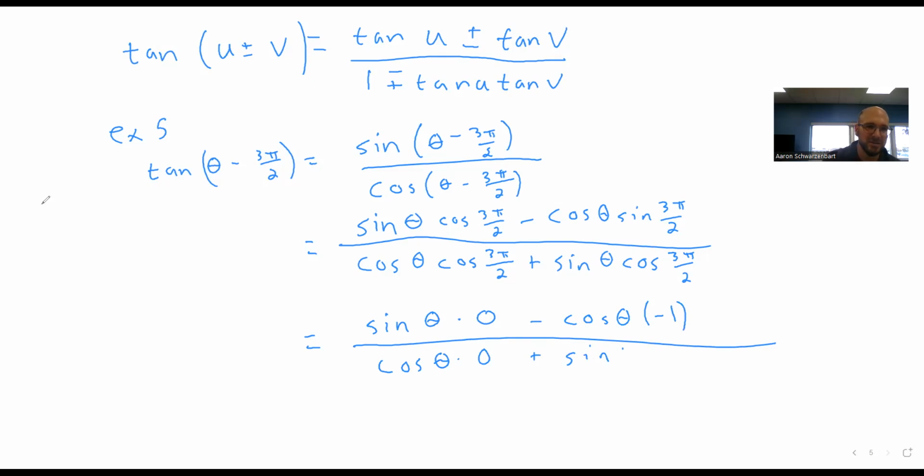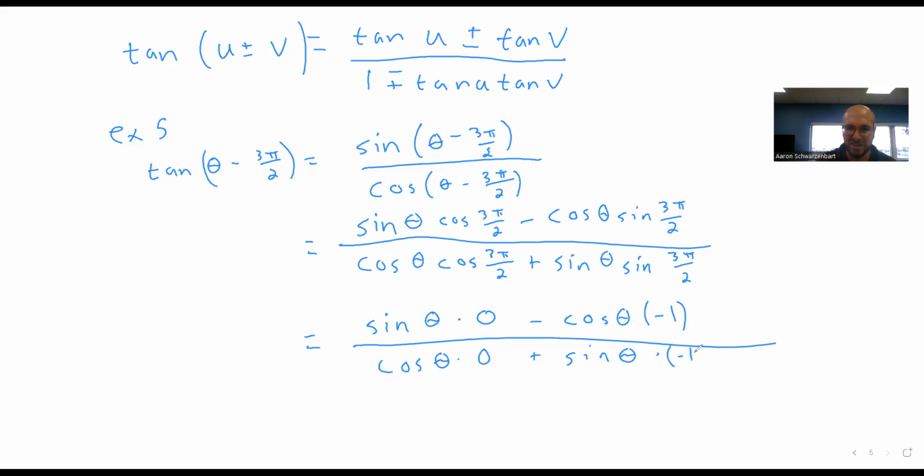Oops, I totally miswrote this. That shouldn't be sine theta, that should be cosine. Or that shouldn't be cosine theta, that should be sine theta. So looking back at my line, cosine theta, cosine 3 pi over 2 plus sine theta, sine 3 pi over 2.